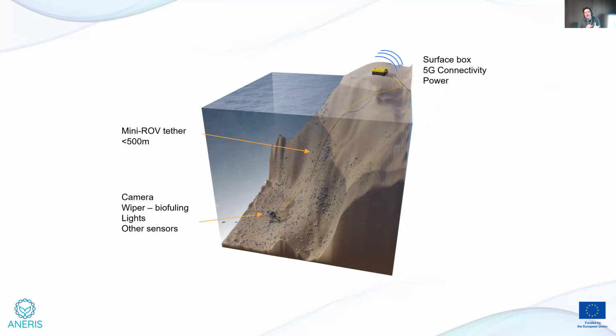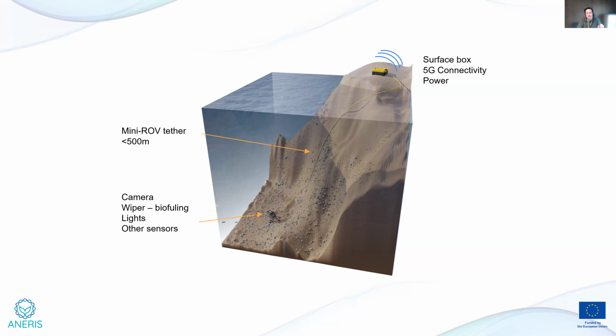So the idea was to use commercial off-the-shelf components that are typically used in low-cost remotely operated vehicles, so ROVs, and use only the imaging parts so that we can provide affordable, long-term, continuous imaging. One of the concepts was to use a surface box from which we can provide power and internet connectivity to the cameras.